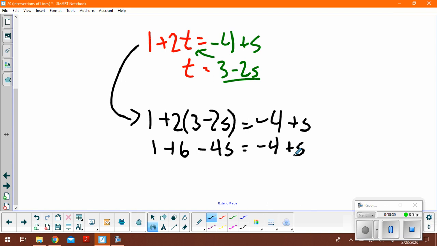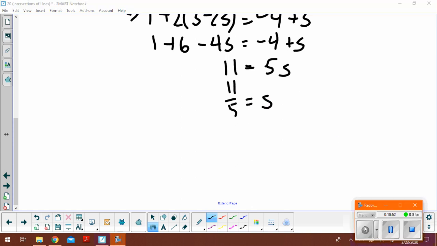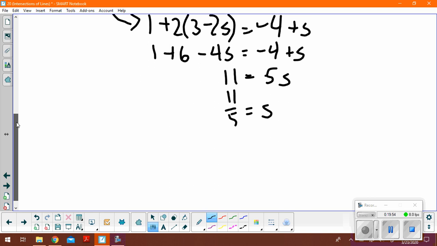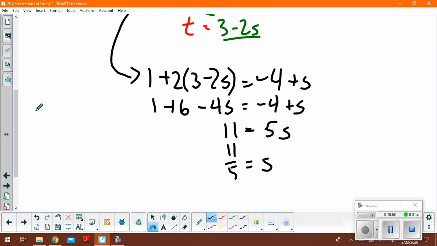So on this side, I'm going to get 5s. On that side, I'm going to get 11. So 11 over 5 equals s. Then I need to plug that back in.